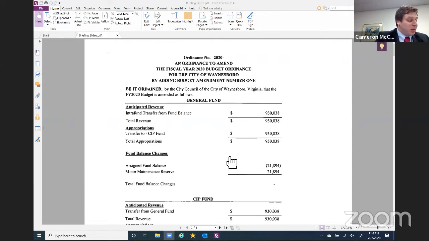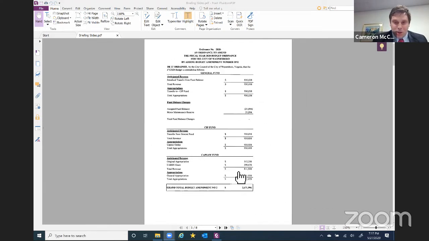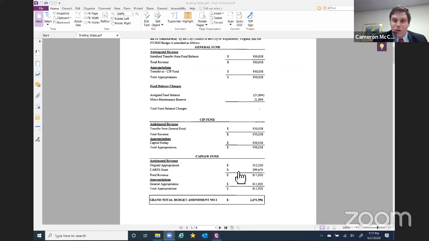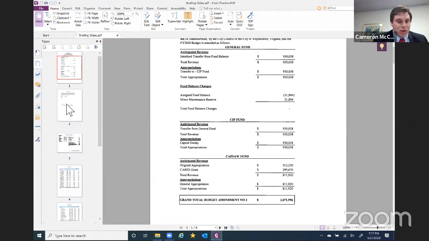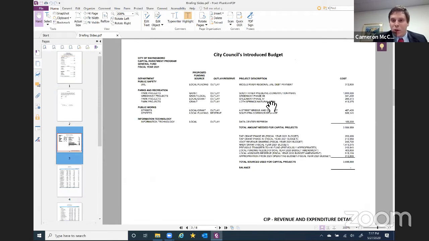So the first section of the amendment serves to appropriate and move money from the fund balance of the general fund to the CIP fund. So that's this section here, and that's the same. This is just the offset in the CIP fund down here, and what that is moving is a 20% match for both the Greenway Phase 2B and Phase 4, the Southern Corridor Reserve money, and then the Data Refresh Center.